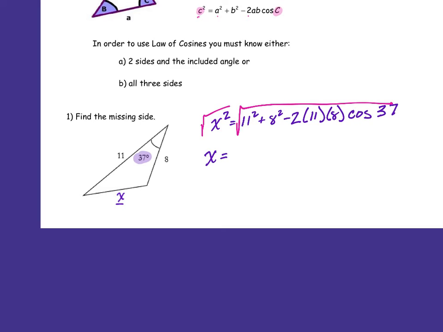Minus 2 times 11 times 8 times the cosine of 37, parentheses. Since I just opened this, I better make sure that I'm in degrees. Degrees, there we go. And there's my answer, 6.6663, so 6.7.